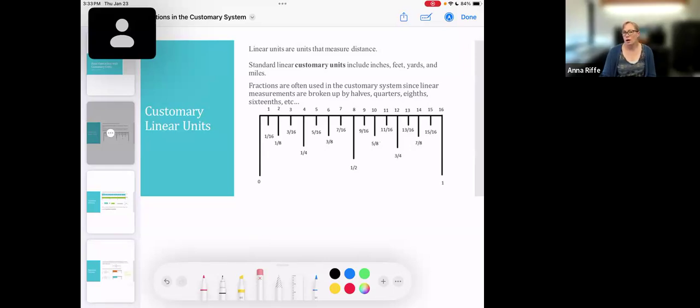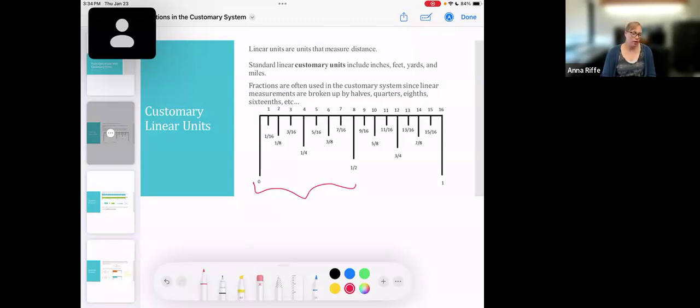We're used to seeing a ruler broken up into halves, such as this, half an inch. You take half of a half and you get a quarter, half of a quarter, you get an eighth, etc.